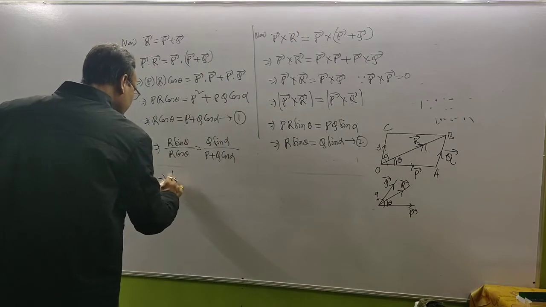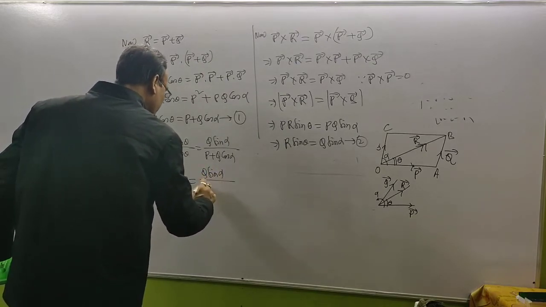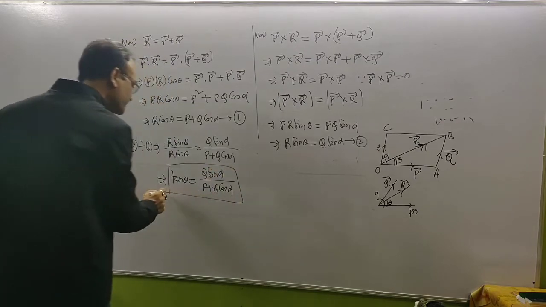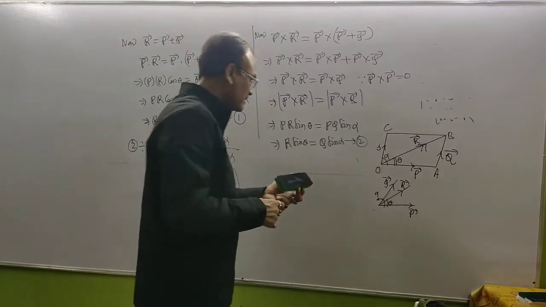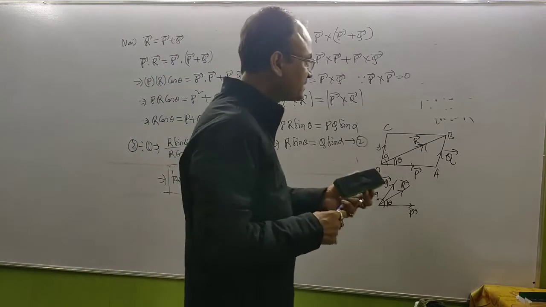This means tan theta equal to Q sine alpha divided by P plus Q cos alpha. You should also remember this. Suppose this is number 3. Remember this.